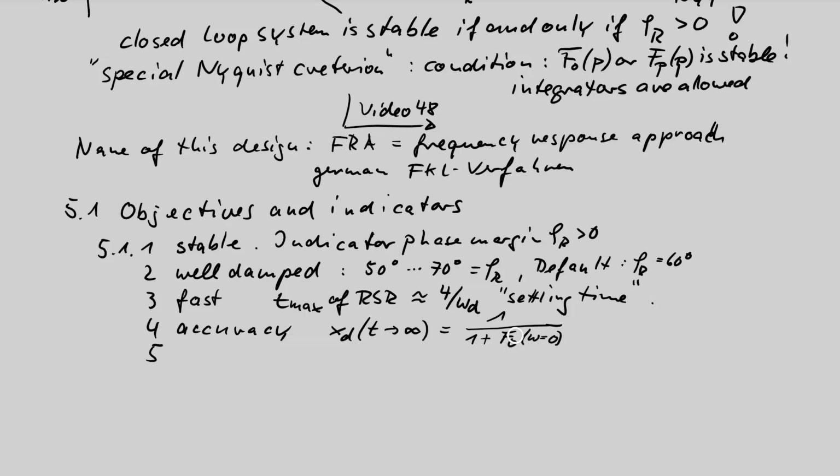So 1 divided by 1 plus the DC gain, where F open loop at omega equal 0 is the DC gain of the open loop. If this is very large, this is very small. To make the open loop gain for DC as large as possible makes this as small as possible. So these are 4 indicators for the most important parameters.